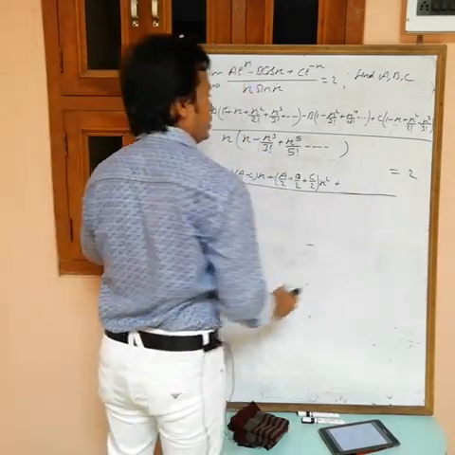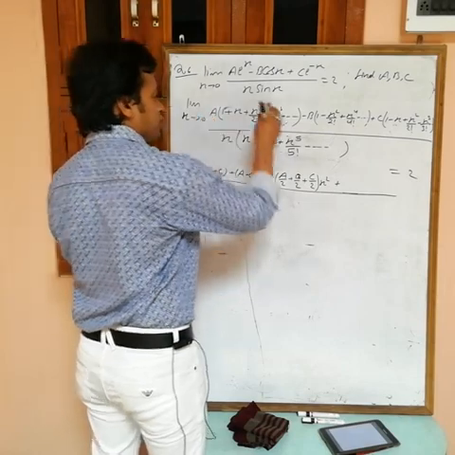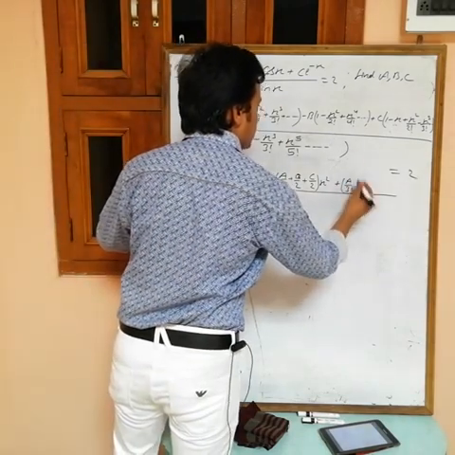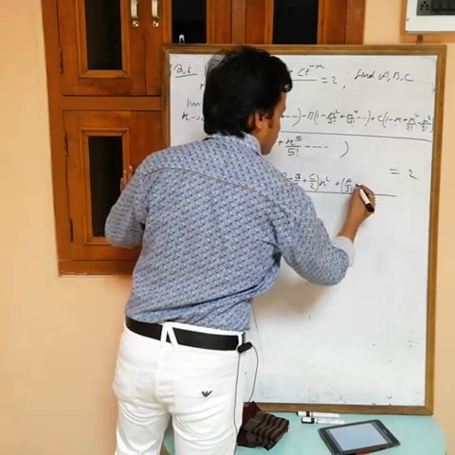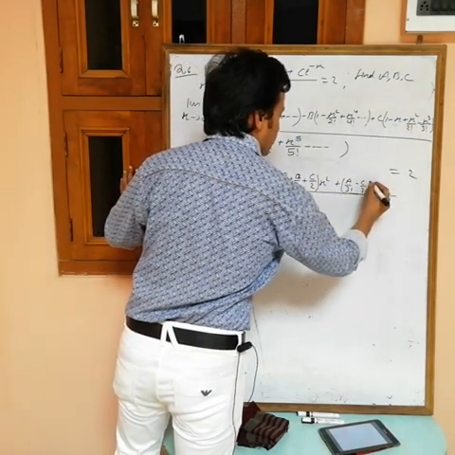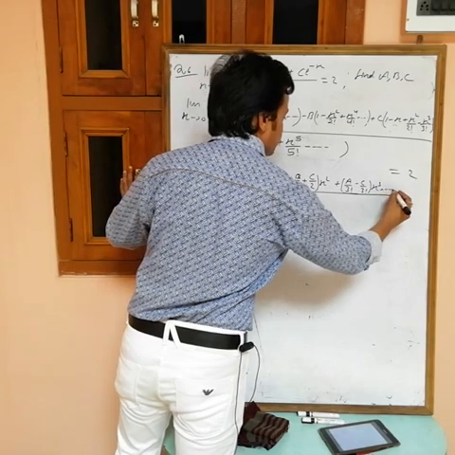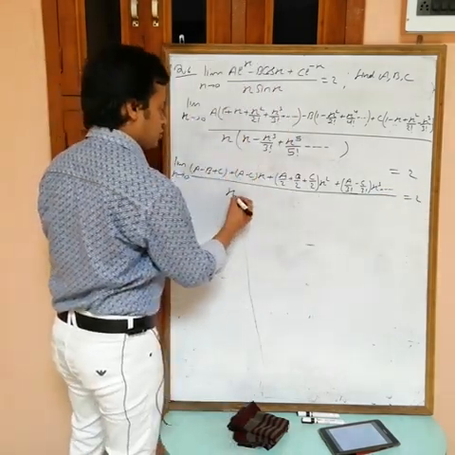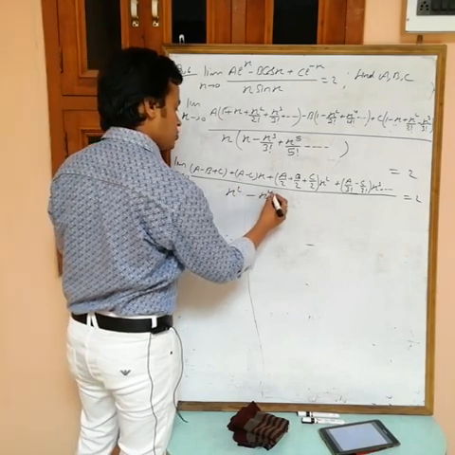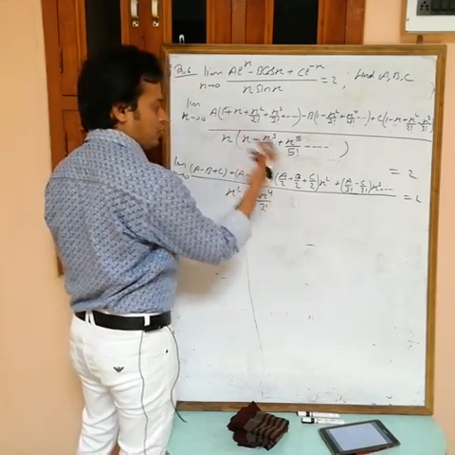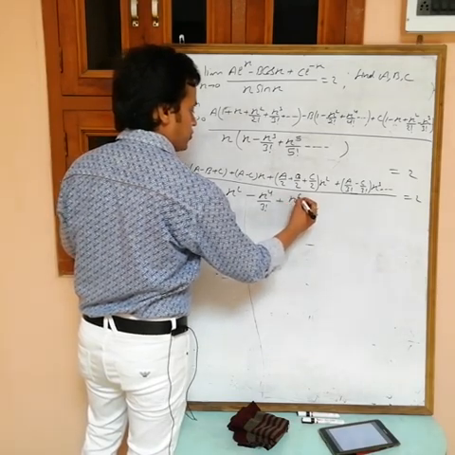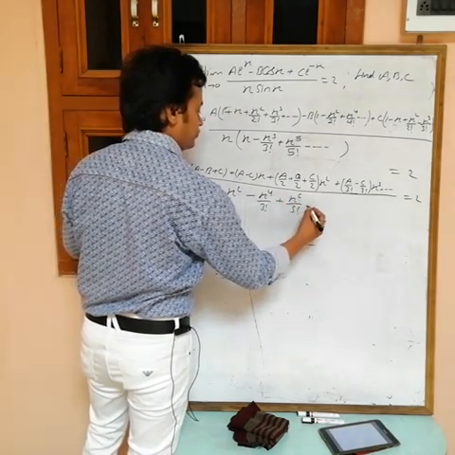Similarly, terms of x cube: a by 3 factorial minus c by 3 factorial, x cube. In the denominator, multiply x, then x square minus x power 4 by 3 factorial plus x power 6 by 5 factorial. Or take x common.